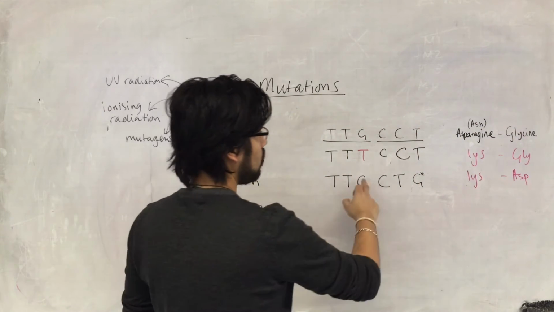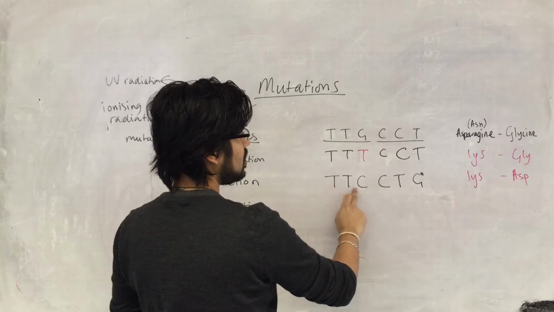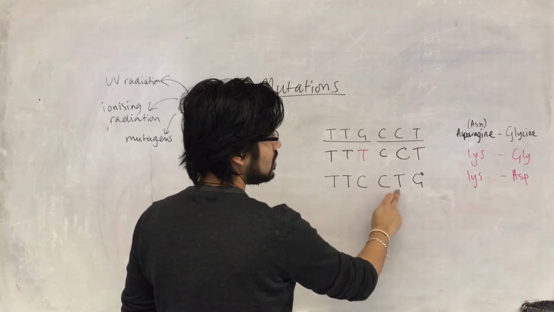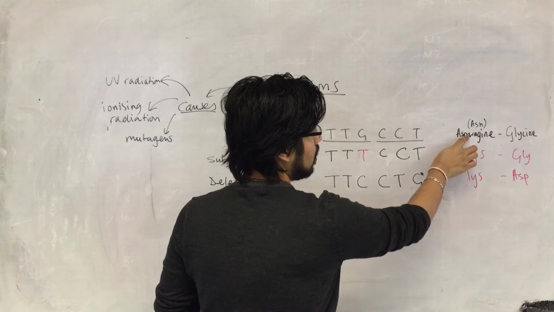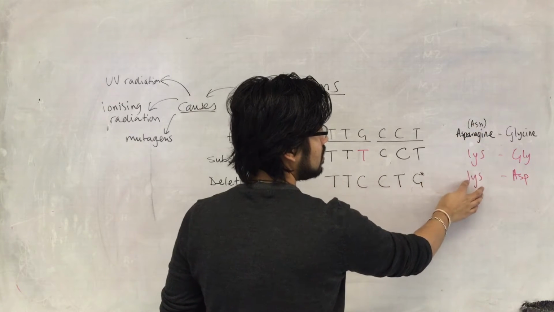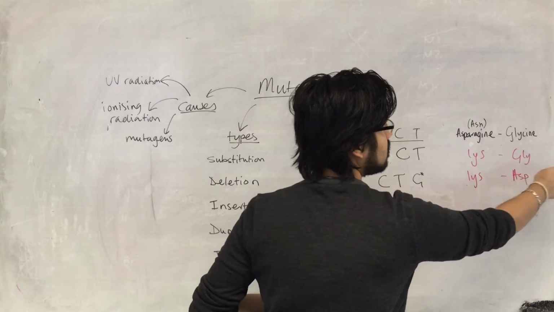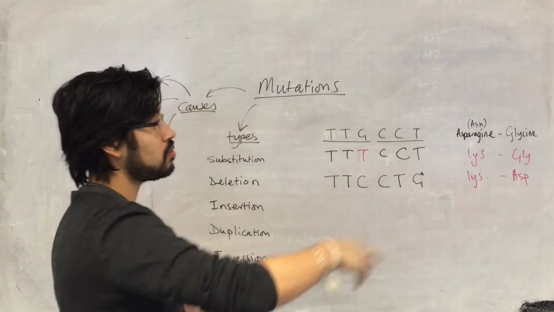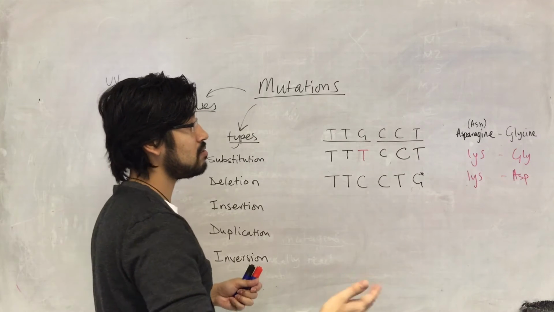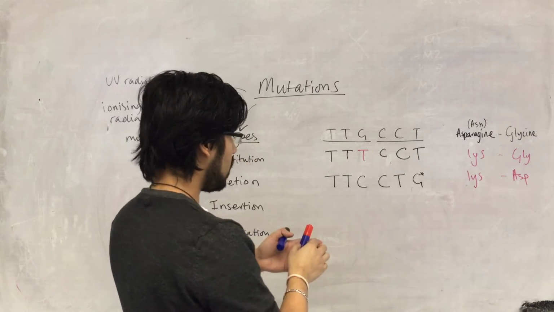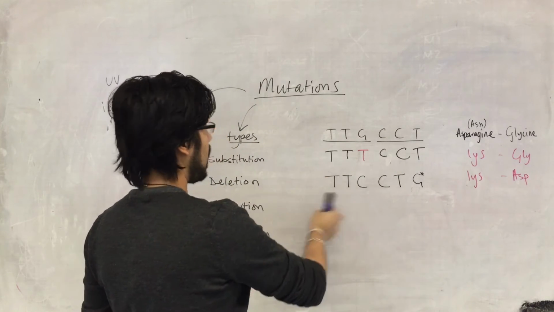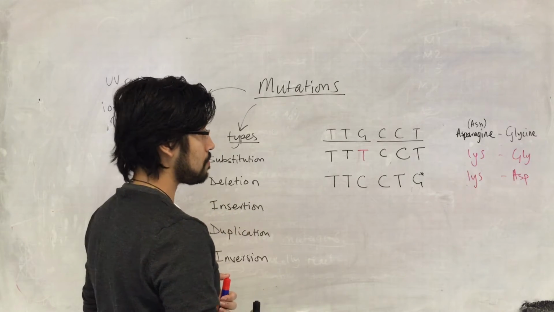So we've changed TTG to TTC, CCT to CTG, from asparagine to lysine there, glycine to aspartate, and potentially every single other codon will be different and potentially different amino acids. So there's quite a large effect of that deletion right there.